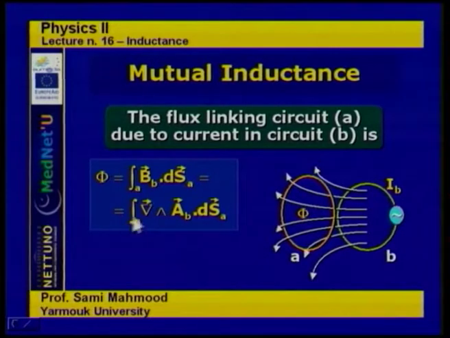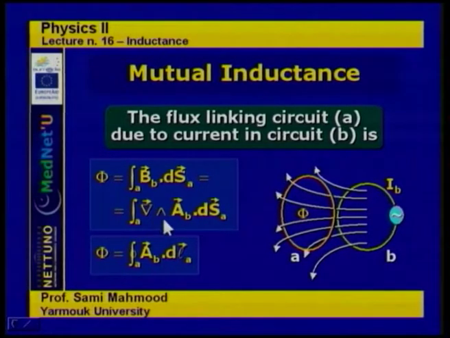And this can be rewritten in terms of the vector potential, as curl A, the vector potential due to the current in B, dot dS_A, that is integrated over the surface area of the circuit A. This is the flux in A due to circuit B. And this flux, accordingly, we can use Stokes' theorem to convert this surface integral into a contour integral, and this gives phi equals, instead of curl A dot dS, simply A dot dl.